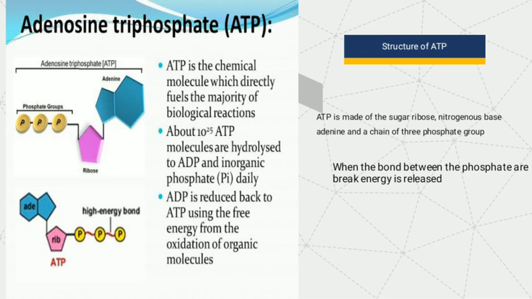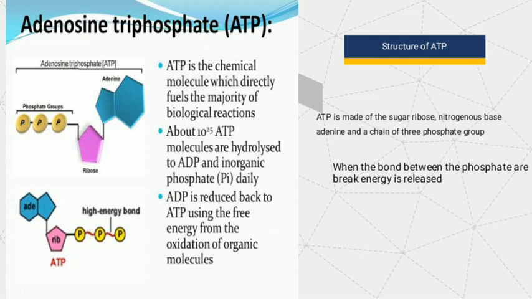And also ATP, when the bond between the phosphate groups is broken, energy is released, around 7.3 kilocalories per mole of what? Of ATP when ATP is hydrolyzed.